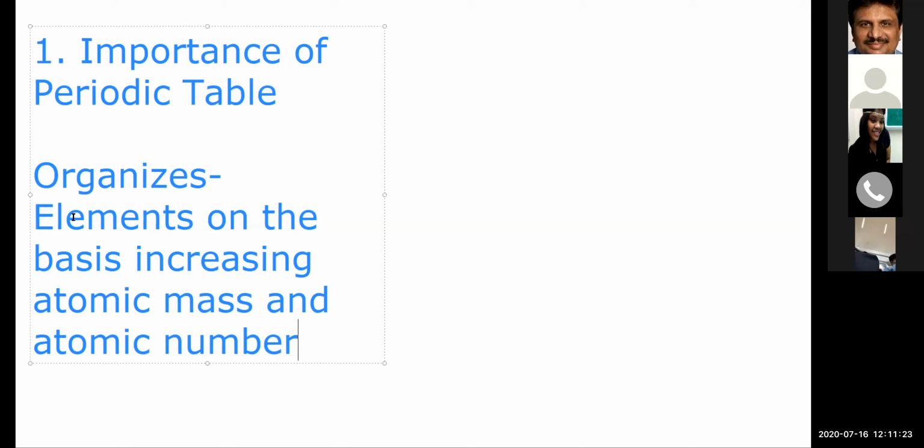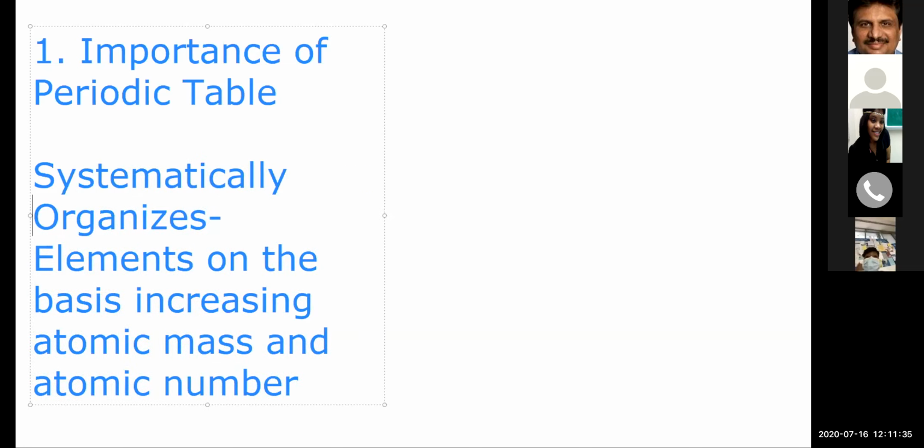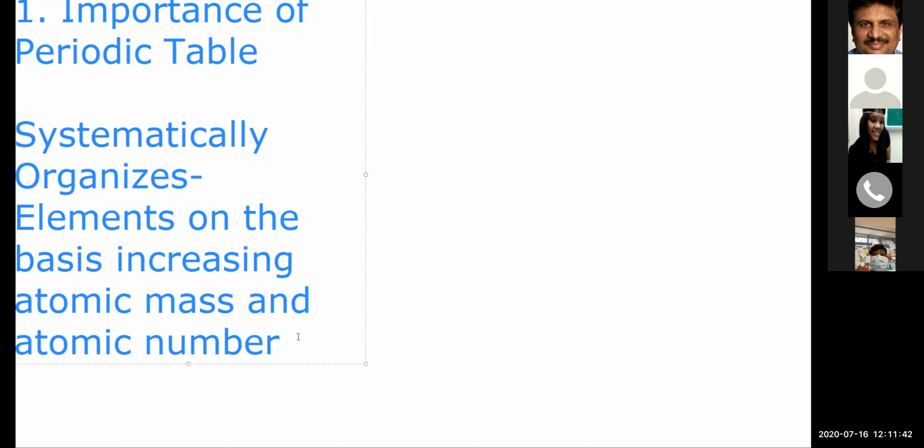It organizes very systematically. And what is the advantage if it organizes systematically?